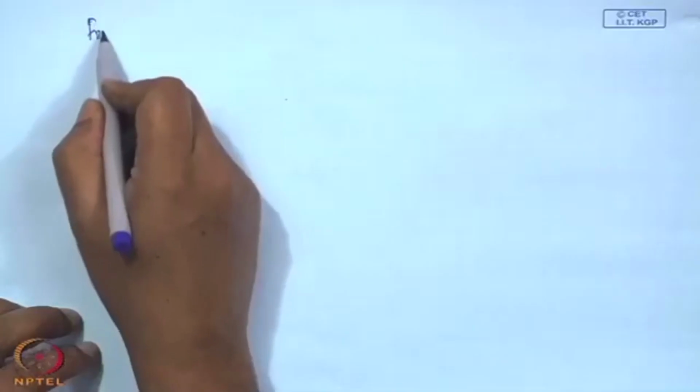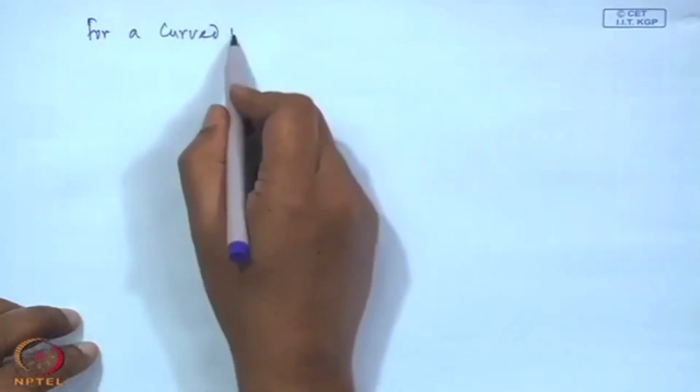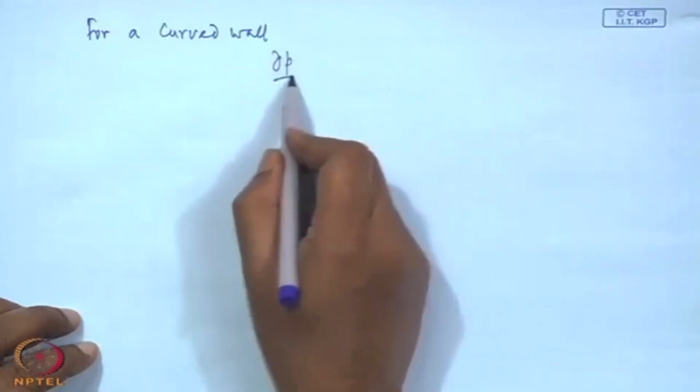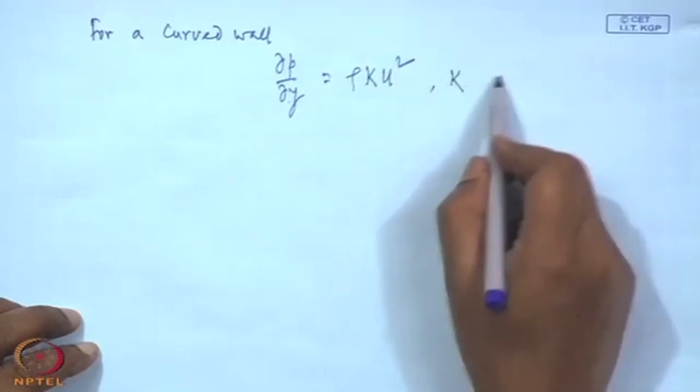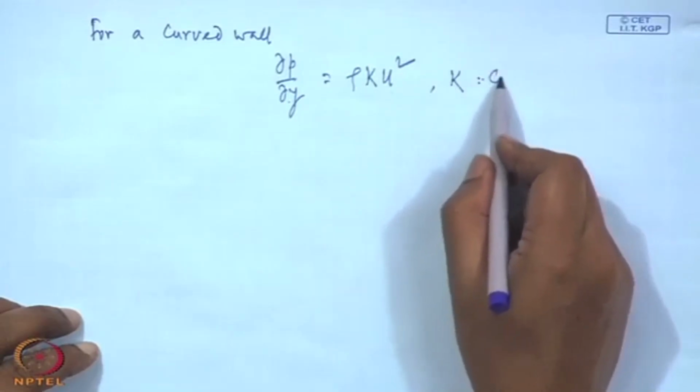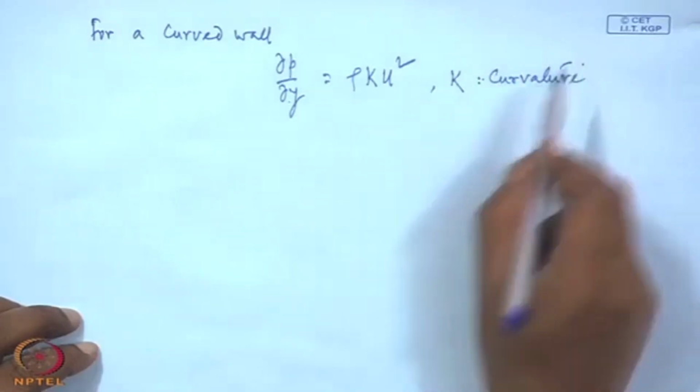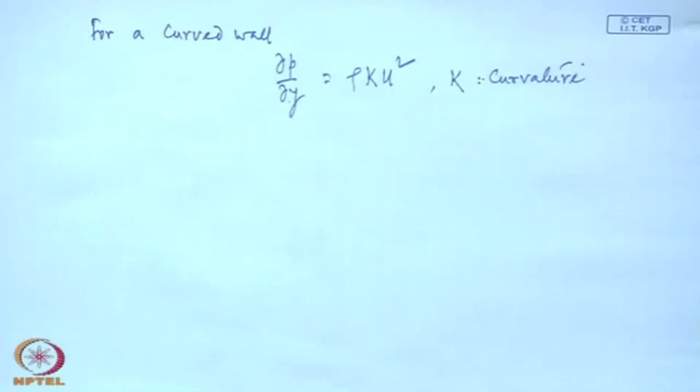But if the wall has very large curvature, then that equation needs to be changed, and the approximate form of that equation will become... If the curvature is small enough, then this is not required, you can make it dP dy equal to 0, but if the curvature is large, then one needs to use this equation, replacing that dP dy equal to 0.